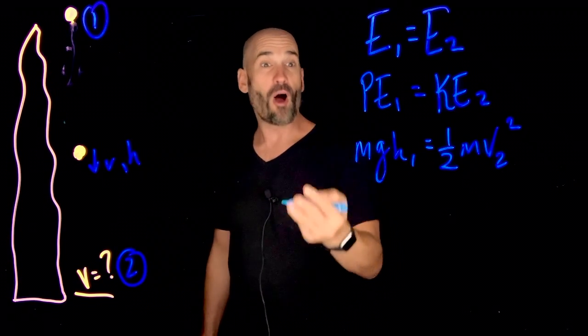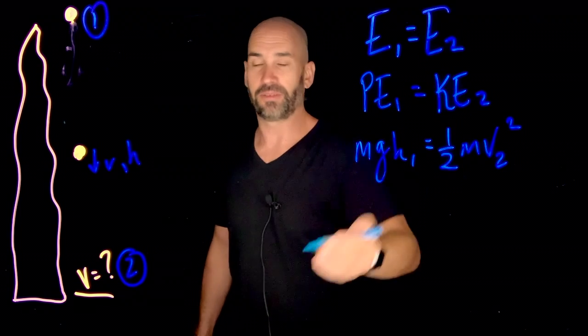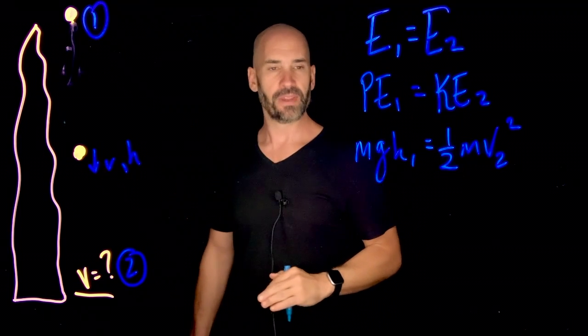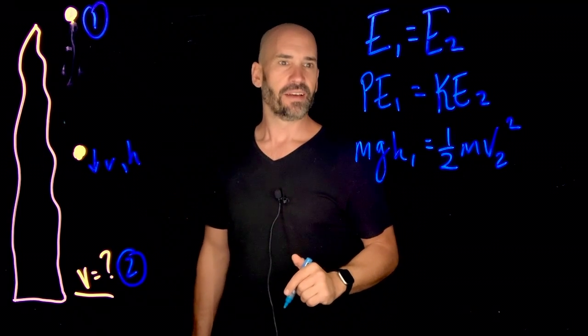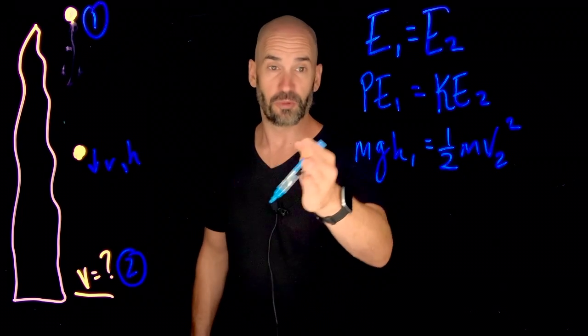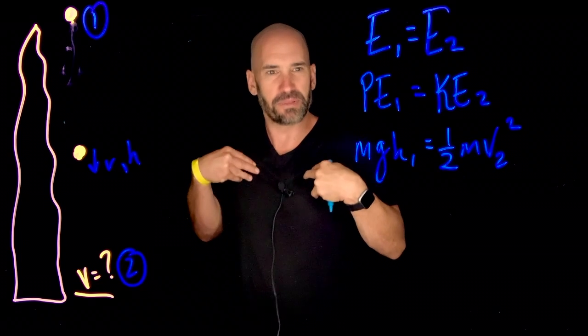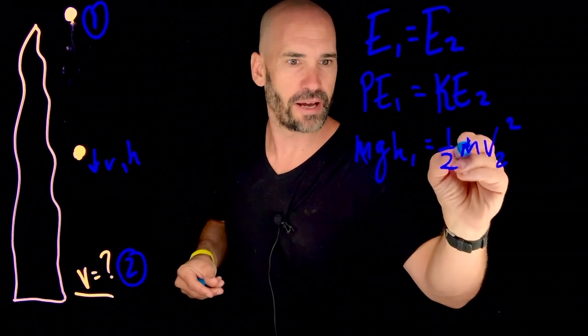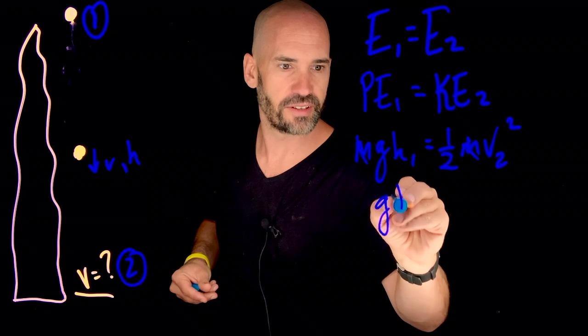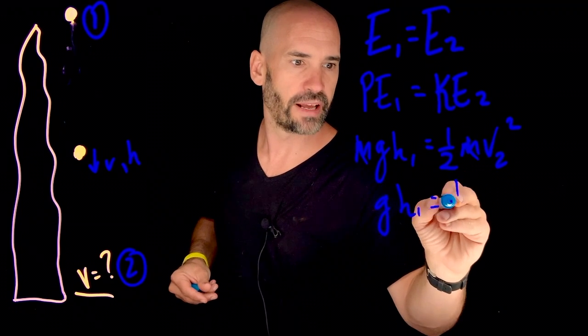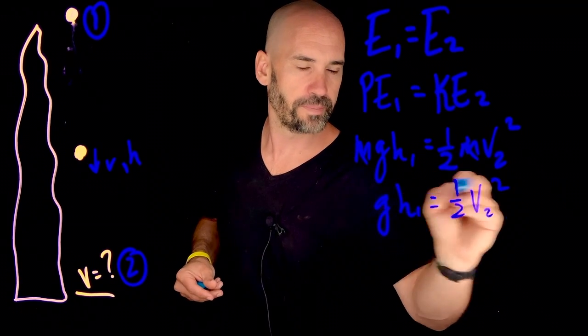So step 3, all I've done is substitute my equations. Basic. Couldn't be easier, right? And if there's a situation where you have m in every term, it's just so satisfying to me, like deeply, deeply satisfying to be able to cancel them out. So I can actually make this a little bit easier and say gh1 equals 1/2 v2 squared.